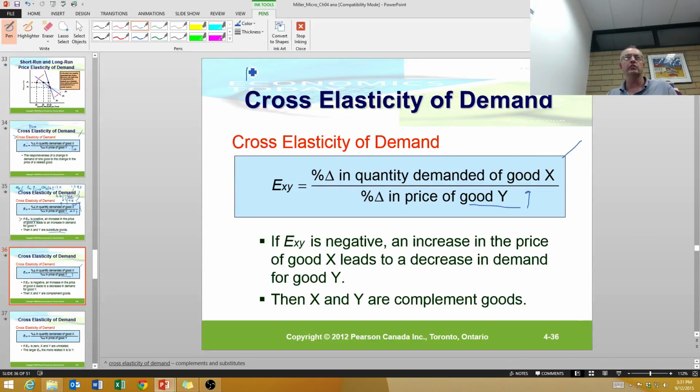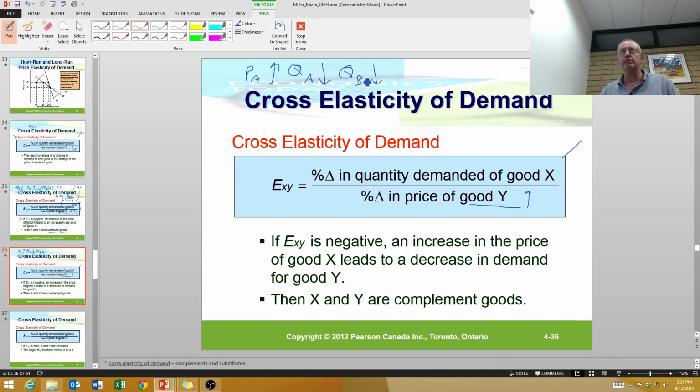So the price of good A goes up, the quantity of good A goes down, and the quantity of good B also declines. And of course, the other way around: if the price of A goes down, the quantity of A demanded goes up, and the quantity of B also goes up.